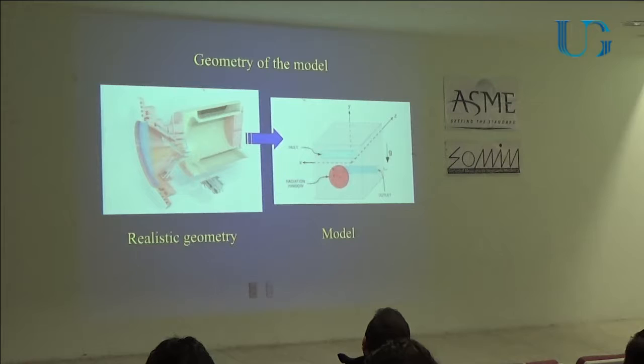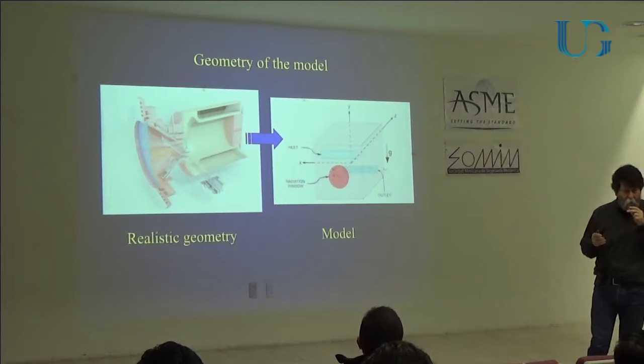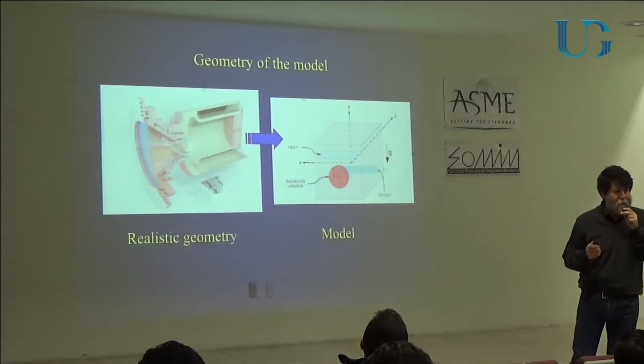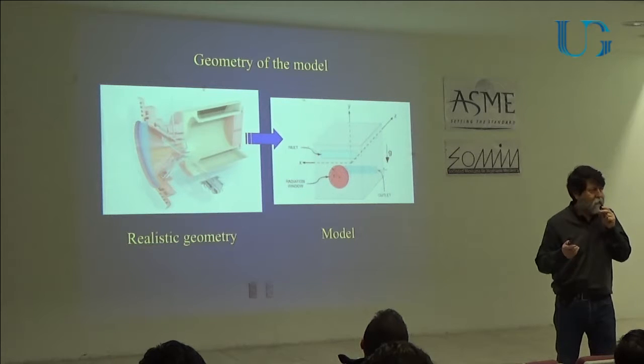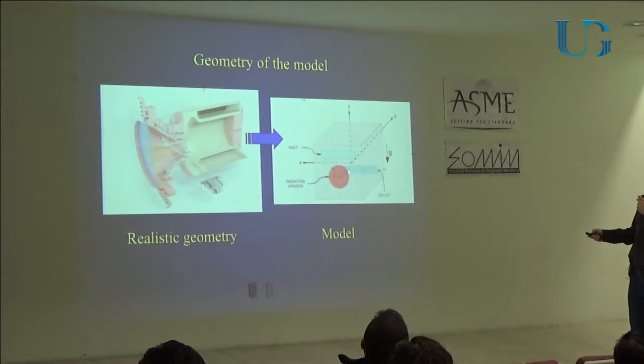Okay, so even though the geometry is different, the important things are incorporated in the model. Also, I want to comment that when we have this situation, when we are heating up this region in here due to the solar beam incidence, we are in presence of gravity.